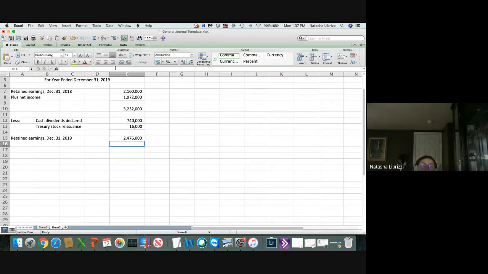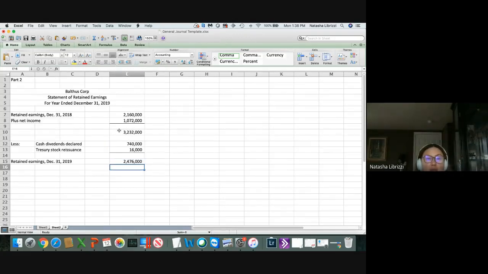You can have treasury reissuance increasing your retained earnings. That's possible too. In this case, we had a decrease. So right here, you have a statement of retained earnings. I'm going to let you guys catch up writing it down.